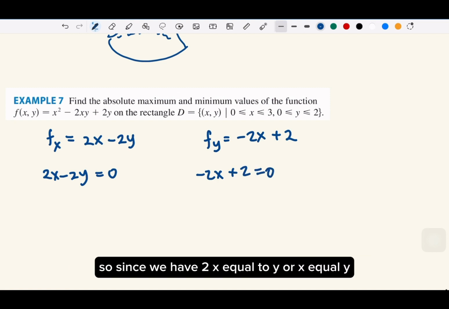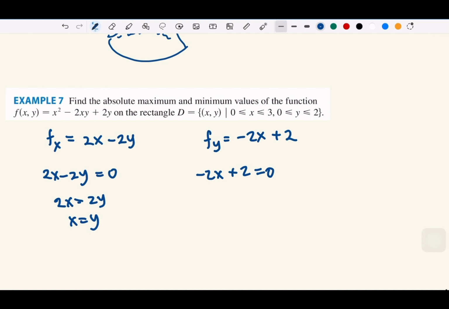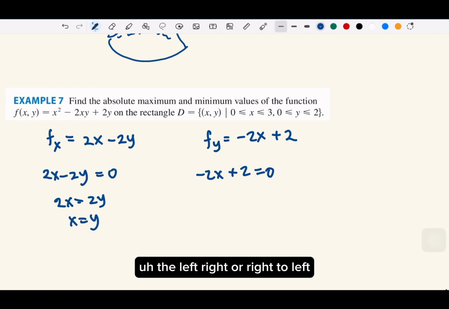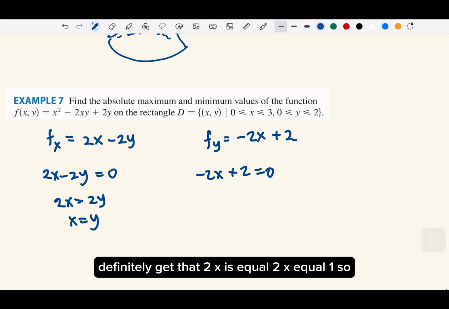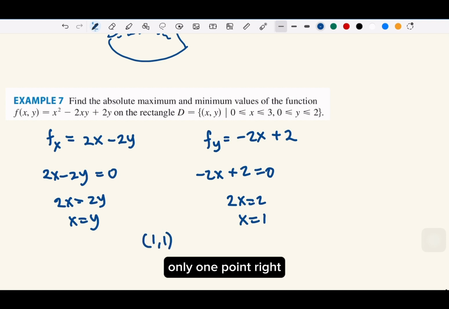So since we have 2x equal to 2y, or x equal to y, we could substitute left to right or right to left. For the right part, we can get 2x equal to 2, so x equals 1. So we can conclude that the critical point is (1, 1). Only 1 point, right?